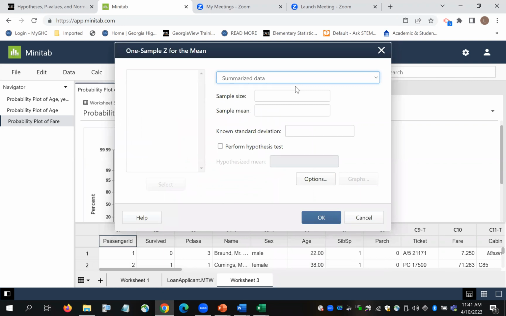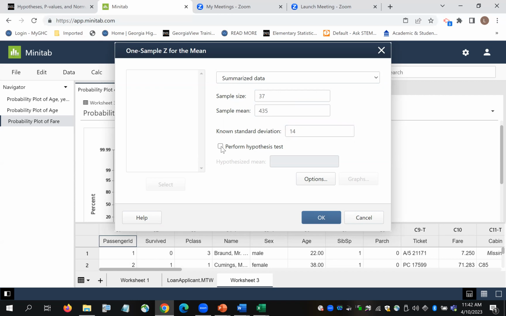My sample size was 37 bags. My sample mean was 435. The known population standard deviation was 14.